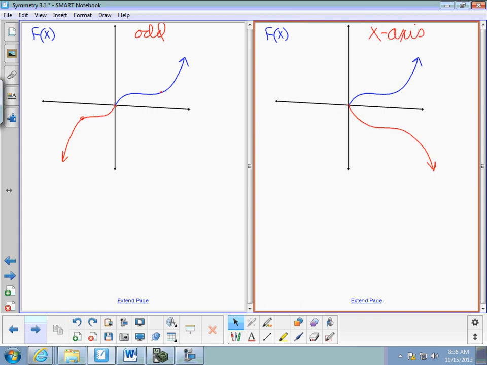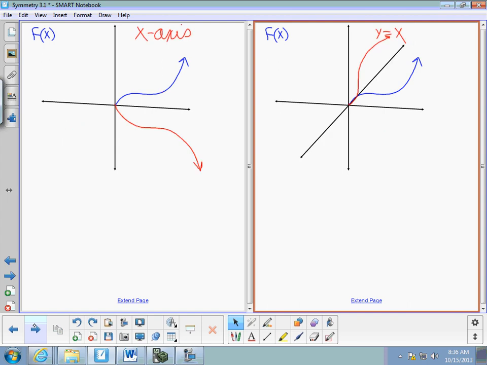The x-axis would do that. And the line y equals x would do that. It's sometimes nice to kind of draw this line in to get a feel for where it is. So it's evenly balanced right across that line.